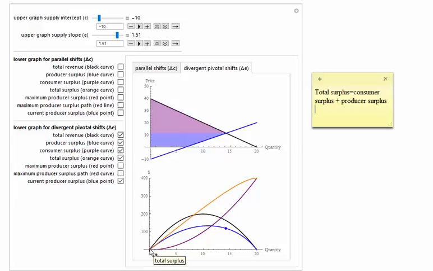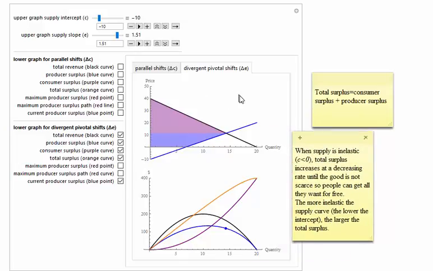So over here, if we don't sell anything, 0 consumer surplus, 0 producer surplus, 0 total surplus. Over here, we have no producer surplus, but we have total surplus, and it all is consumer surplus. So that's what our total surplus is.